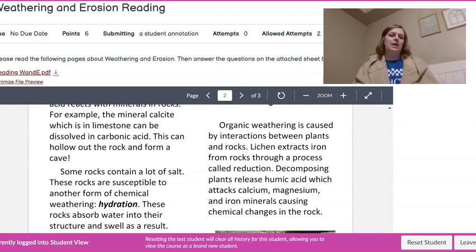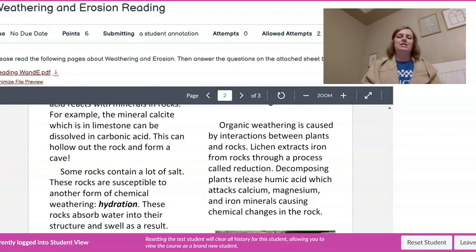In food, it means something a little bit different than in science. In science, if you hear the word organic, that just means living matter. So if something's organic, that means it's either a plant or an animal. It's alive, it's living. So organic weathering is caused by interactions between plants and rocks. And it's organic because of the plants part.